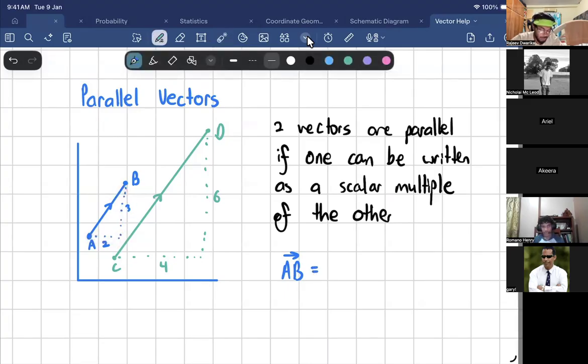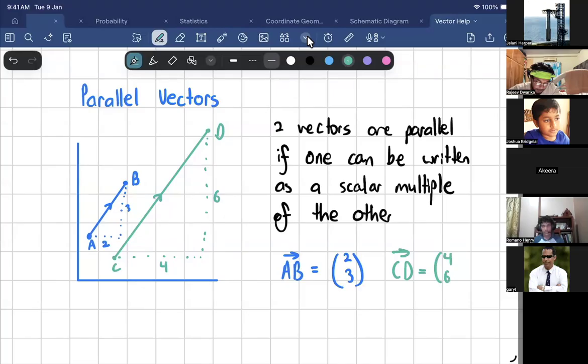So A to B would be represented as 2, 3. Okay, cool. Using that same logic, could anybody tell me what vector C to D would be? 4, 6. Exactly. Good job, Joshua.